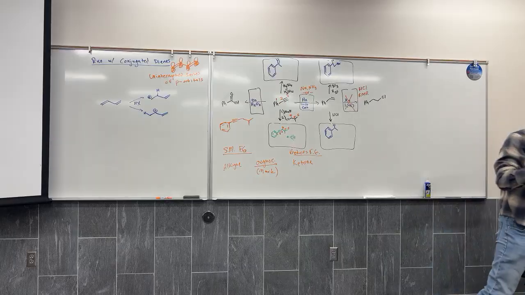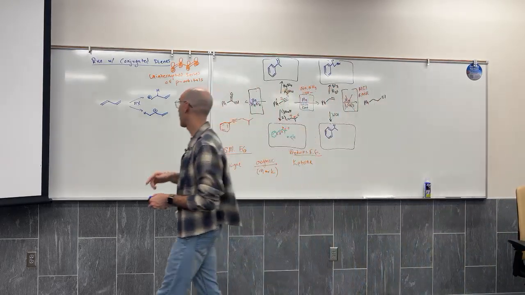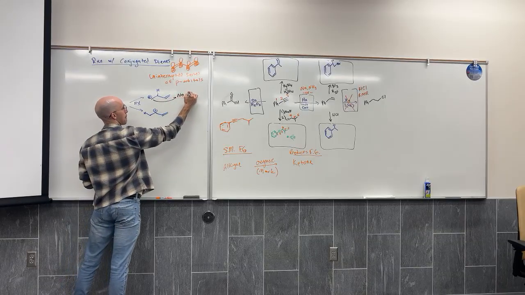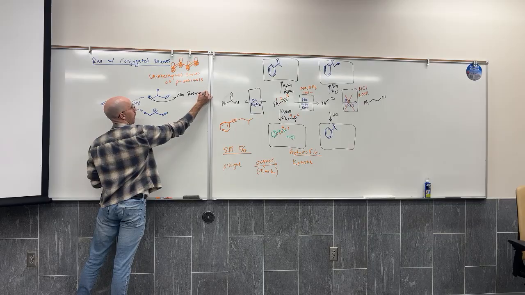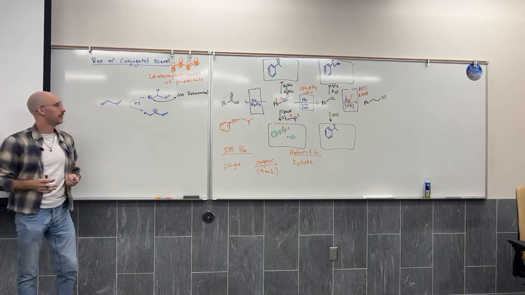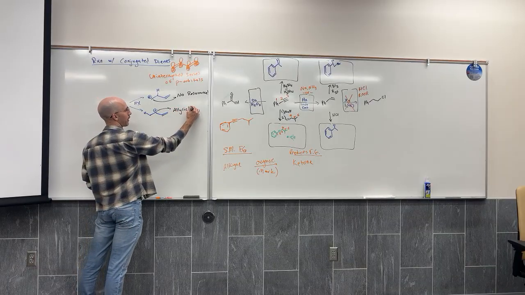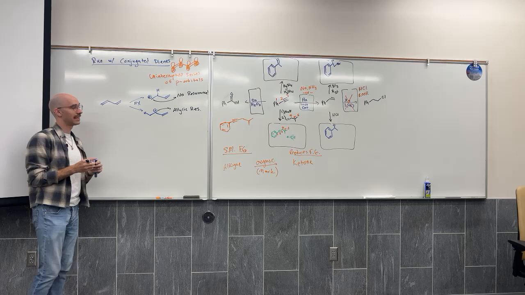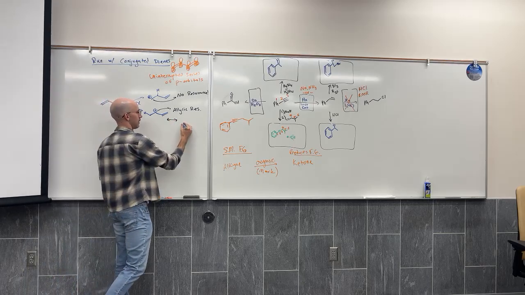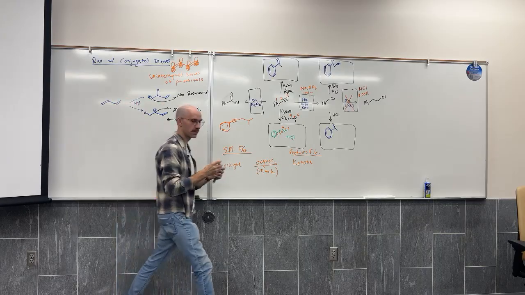The difference about a normal HX addition and this HX addition is that one of the possible carbocations has no resonance. The other possible carbocation has allylic resonance, meaning it's not just one carbocation that forms.